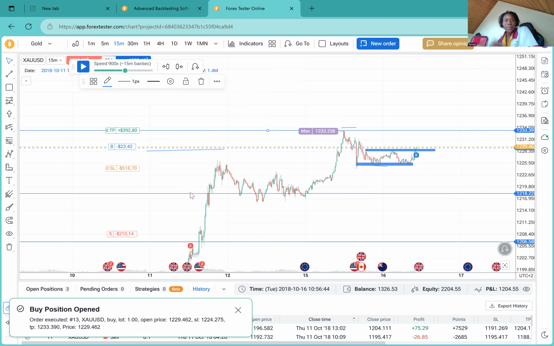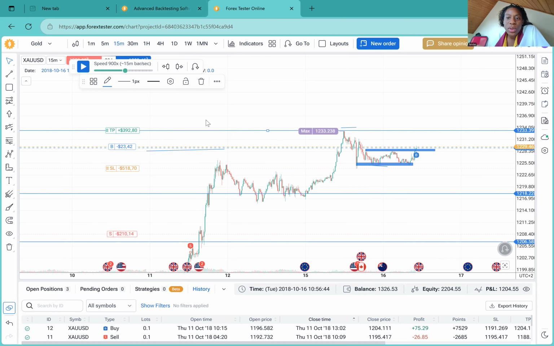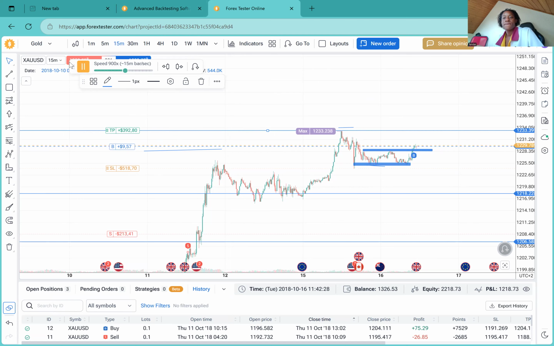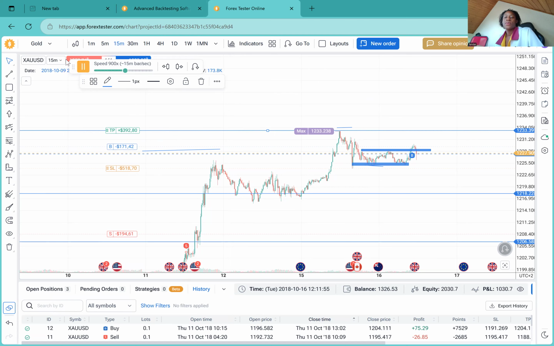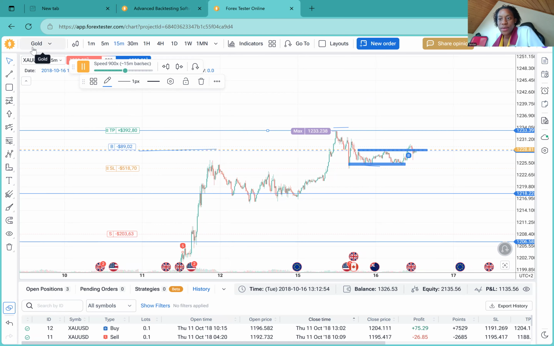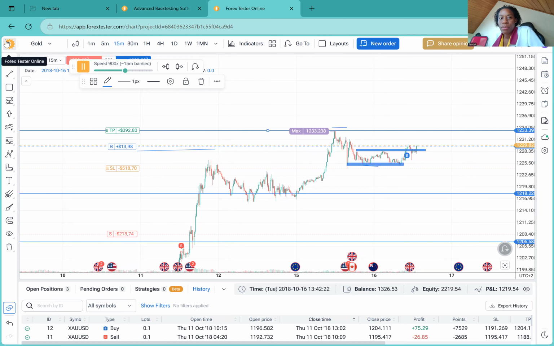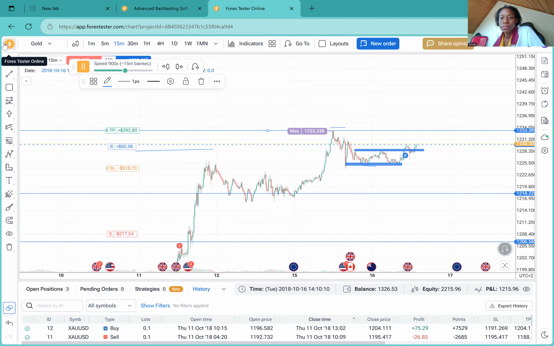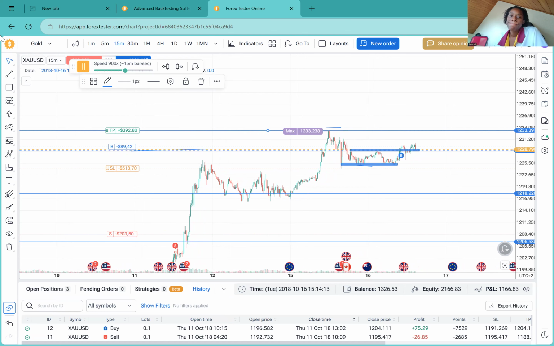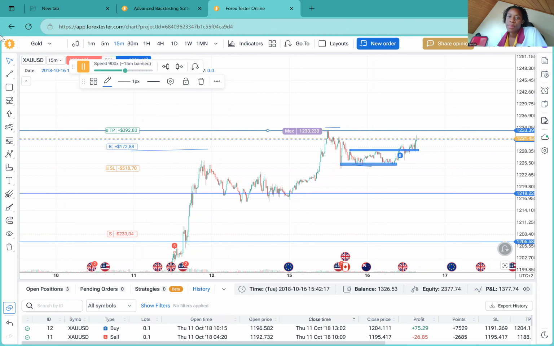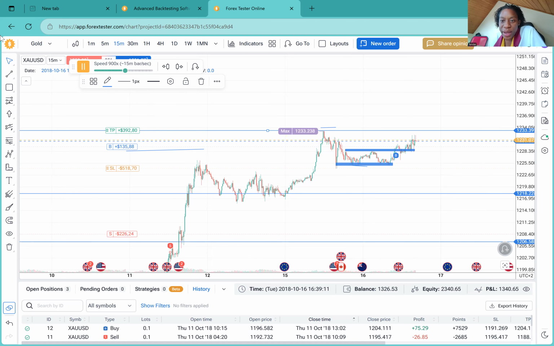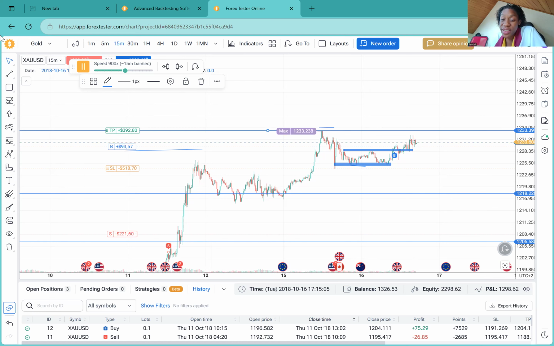Okay, so let's have a look what happens. Price corrects itself, which is great. Again, it goes back to our support line.